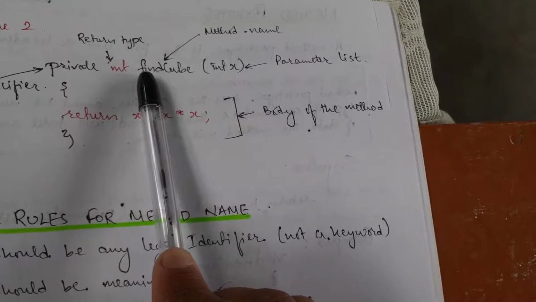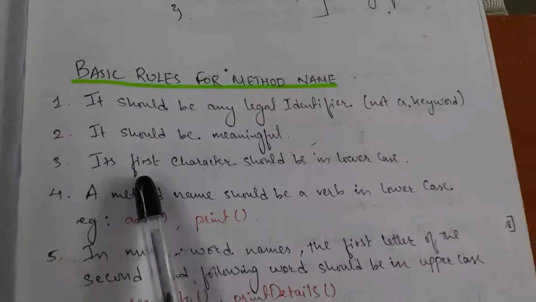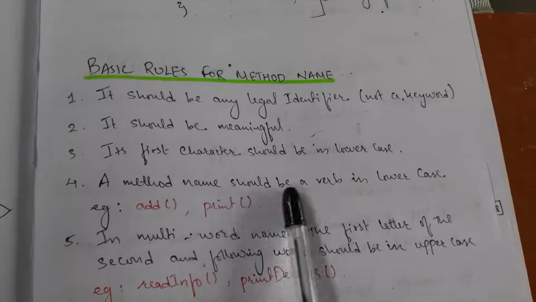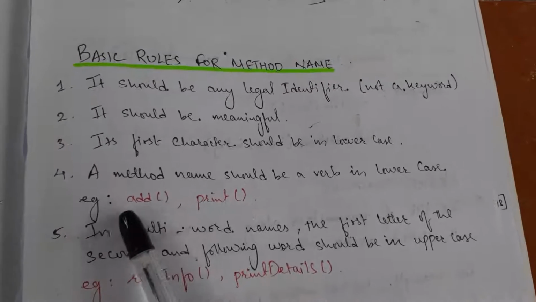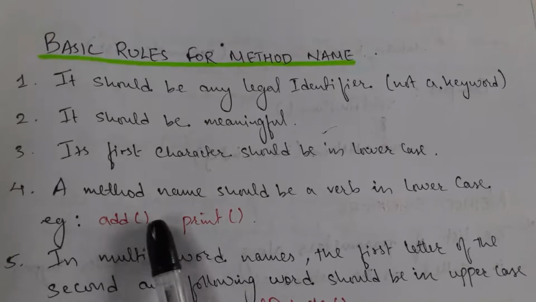So remember that the first character of the method name should start with lowercase. So that is the third rule. Fourth, a method name should be a verb in lowercase, for example add, print. So this is the fourth rule.